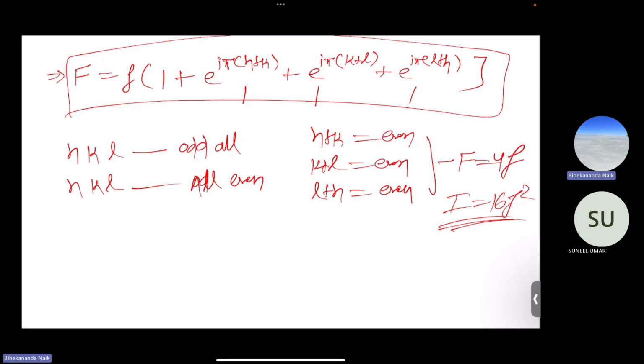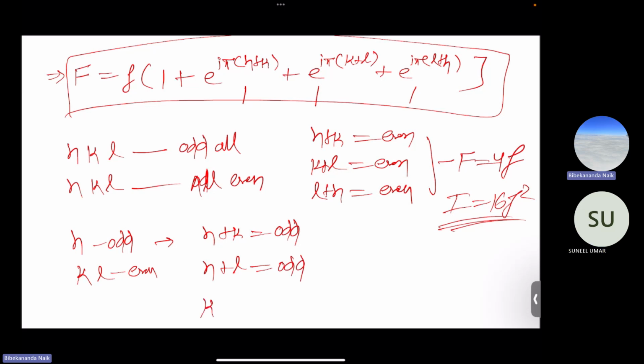But if any one of them is odd, then what happens? Suppose h is odd and k, l are even. Then h plus k will be odd and h plus l will be odd, but k plus l will be even.